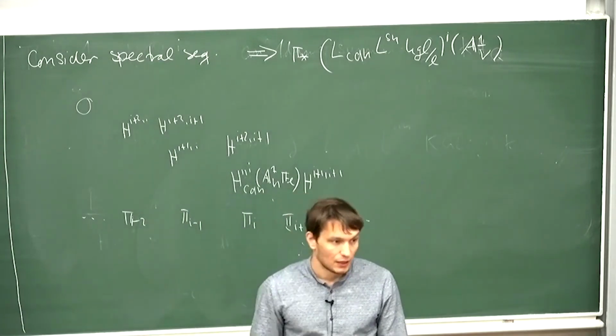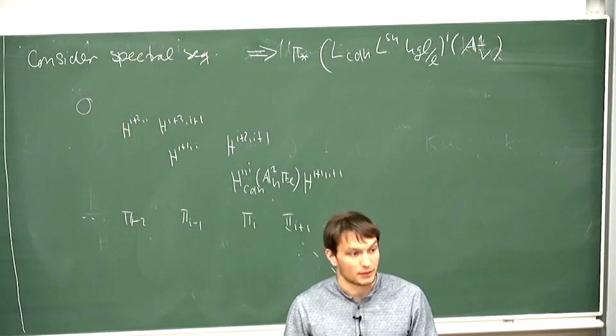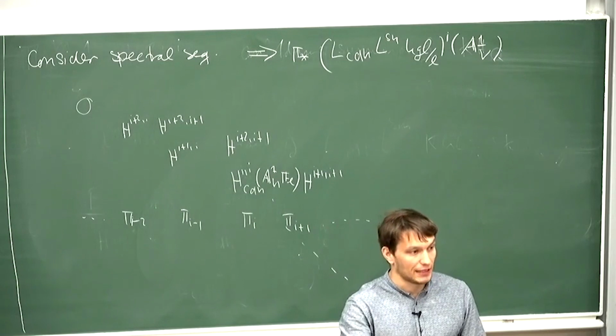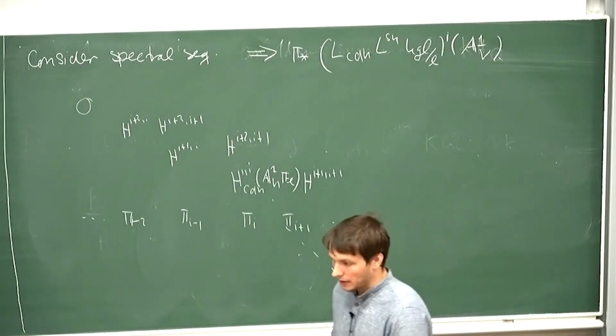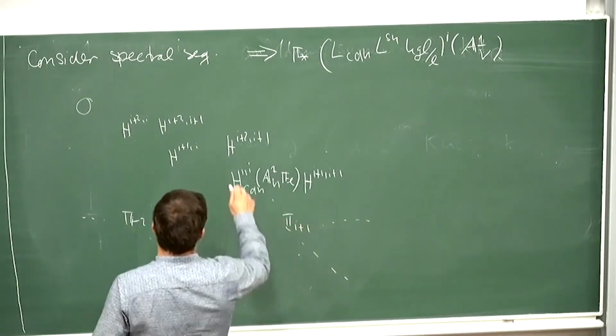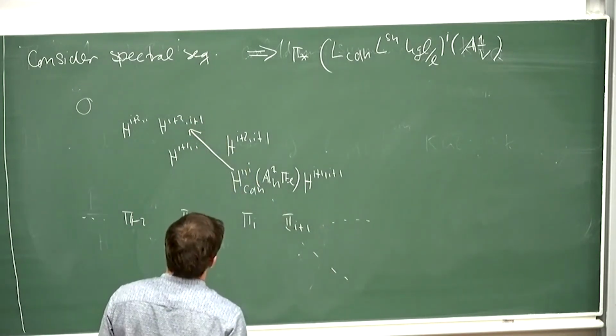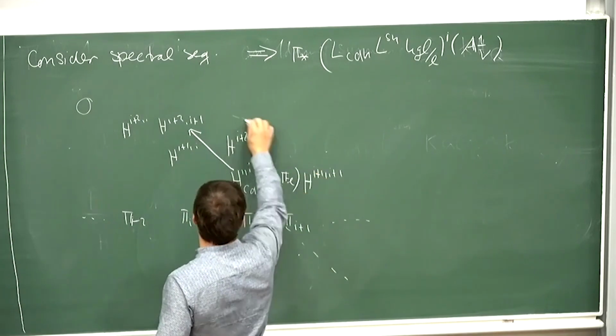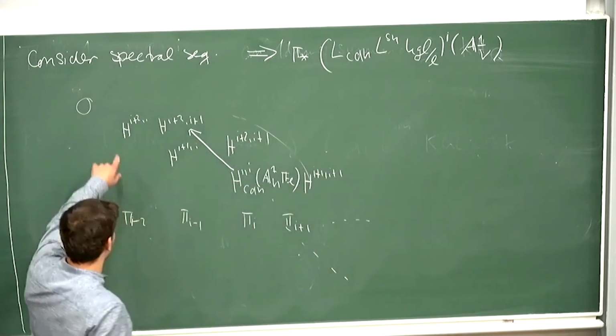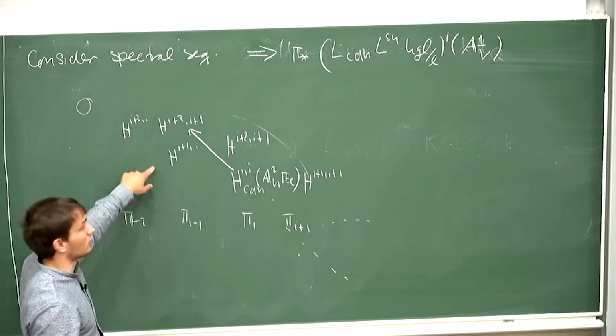But, of course, there will be differentials. The differentials lower the stem, and they increase the filtration. So there's one obvious differential, for example, this thing here. And there would be more, I mean, there could be something like this and whatever. But certainly, there are no differentials which can hit either of these groups.